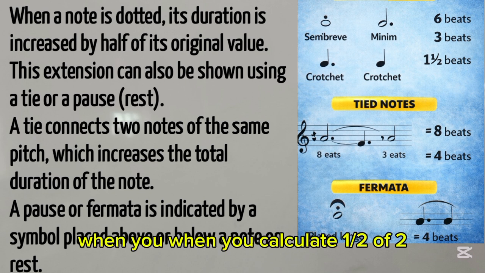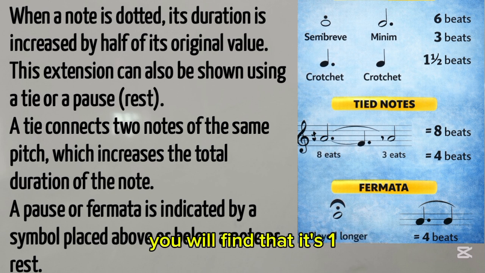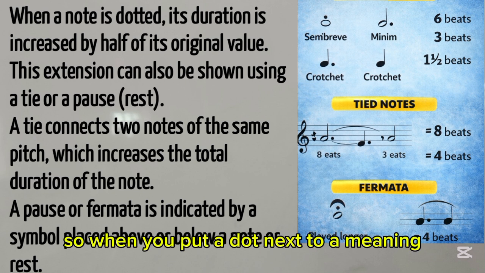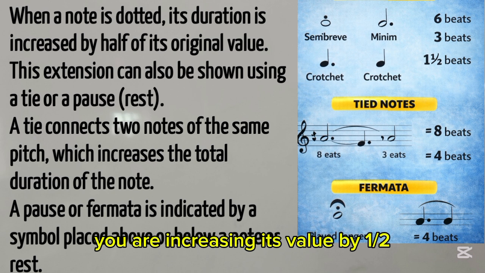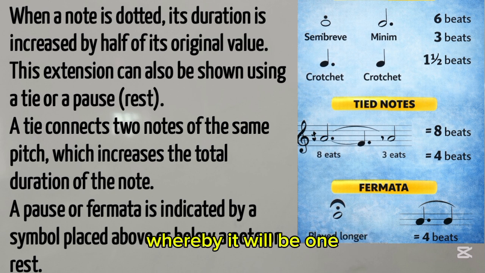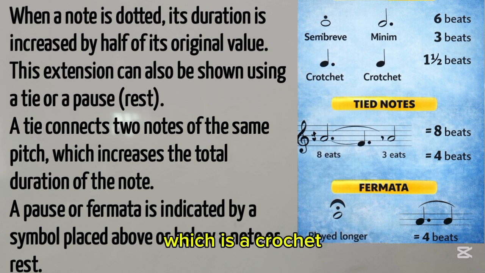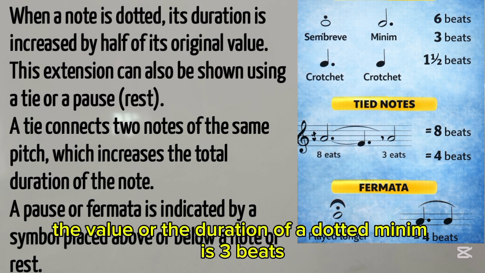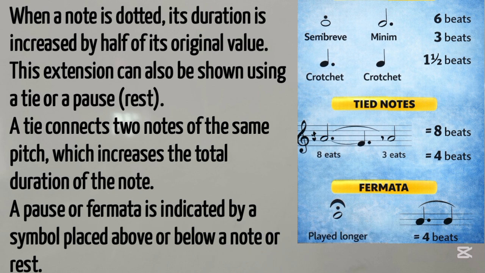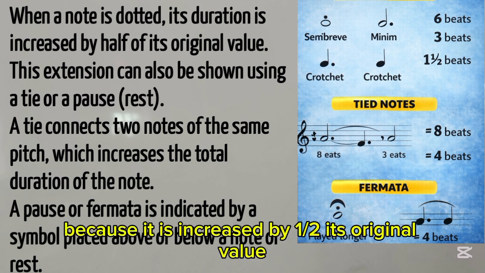When you calculate half of 2, you will find that it's 1. So when you put a dot next to a minim, you are increasing its value by a half, whereby it will be 1, which is equivalent to a crotchet. So the duration of a dotted minim is 3 beats, because it is increased by half its original value.